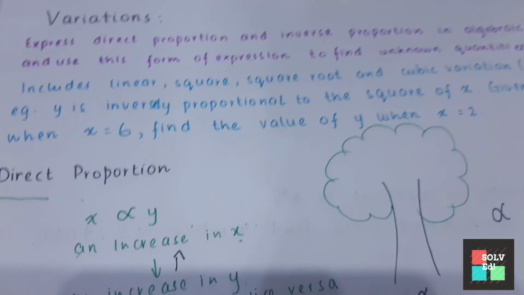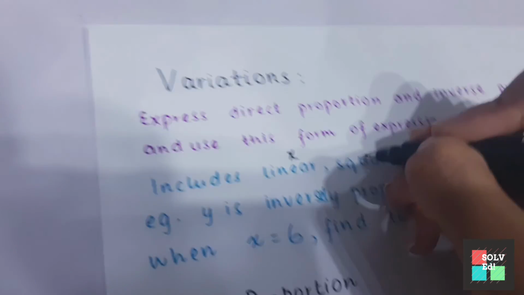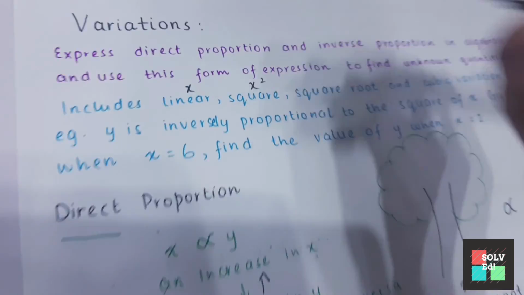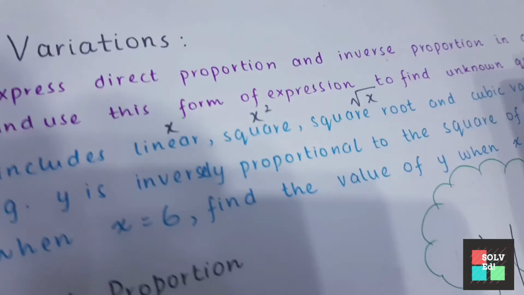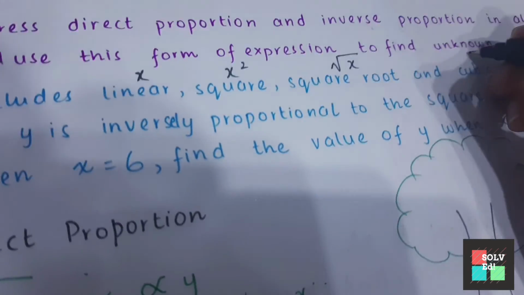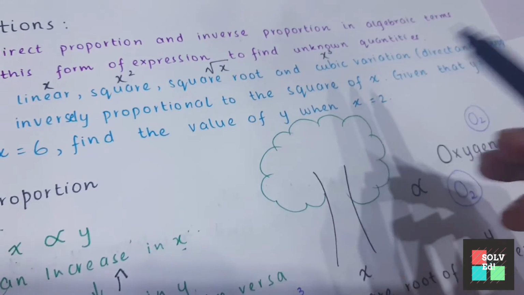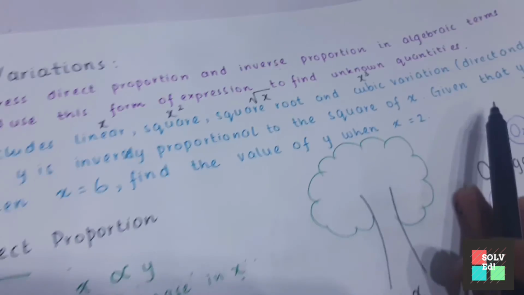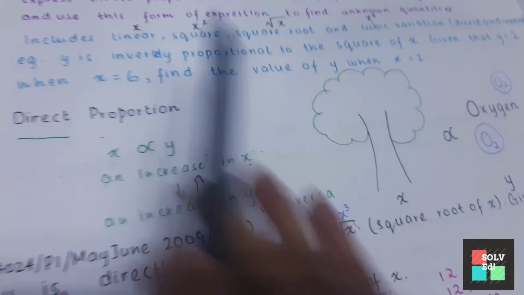We have covered linear, x; square, x squared, or y squared, it could be the other way around, as I indicated; square root of x; and cubic variation, so x cubed, not cubic root. These are the 4 that usually come and most probably will come in your exam. So you should know how to deal with these 4 situations.